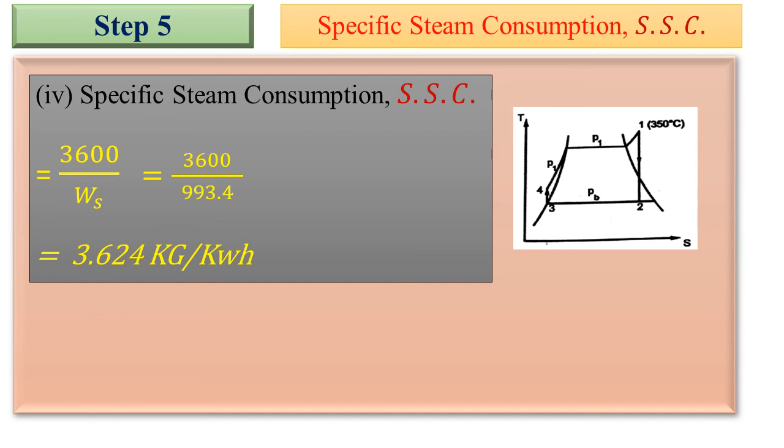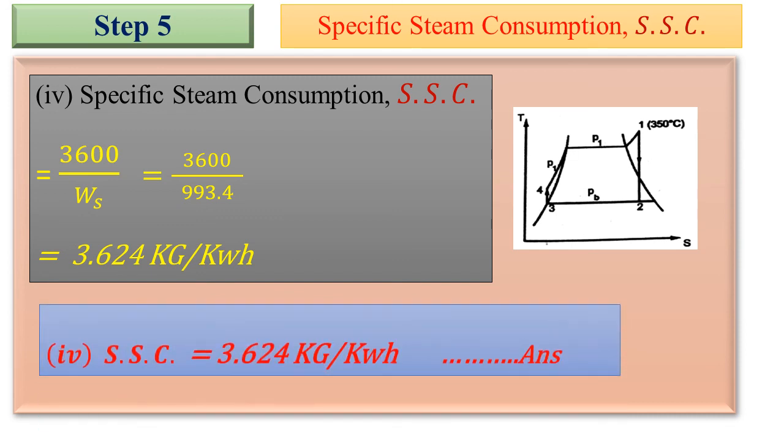So we will substitute only that value. Therefore after substituting we get 3600 upon 993.4, and we get specific steam consumption equal to 3.624 kg per kilowatt hour.